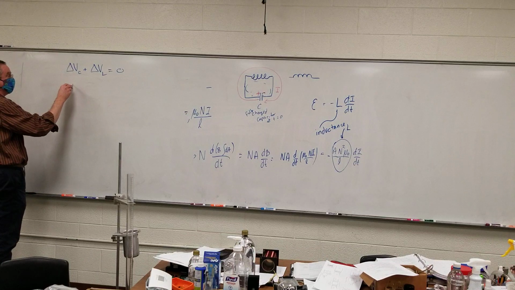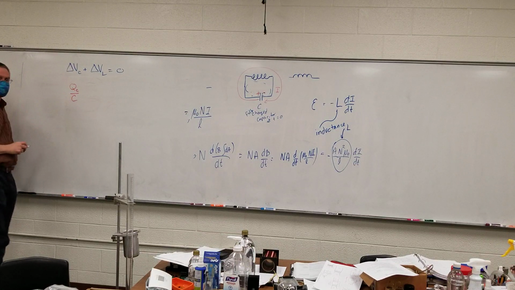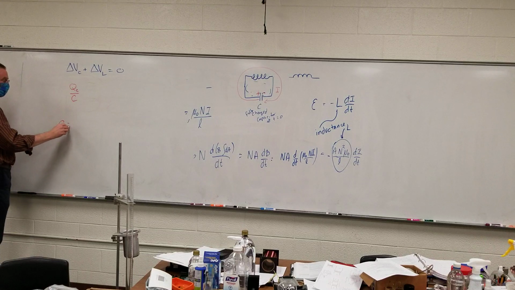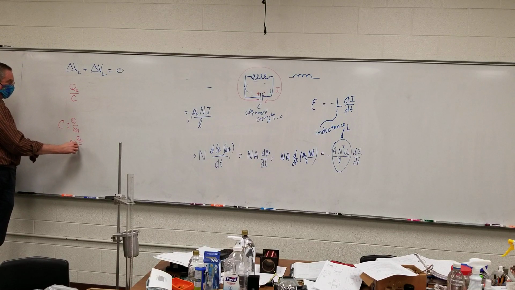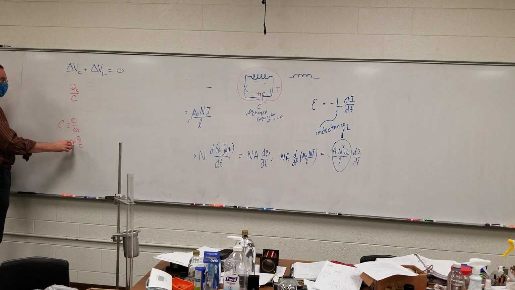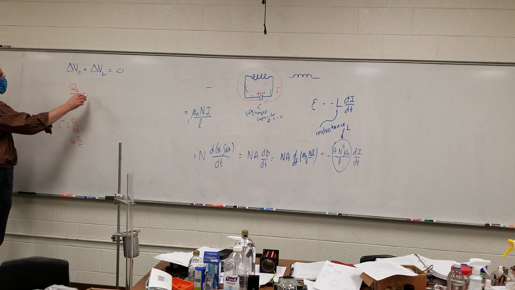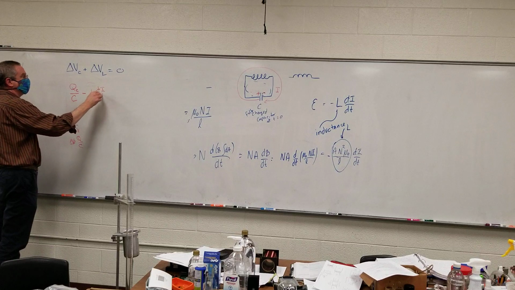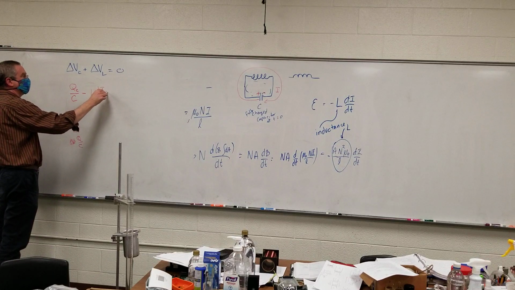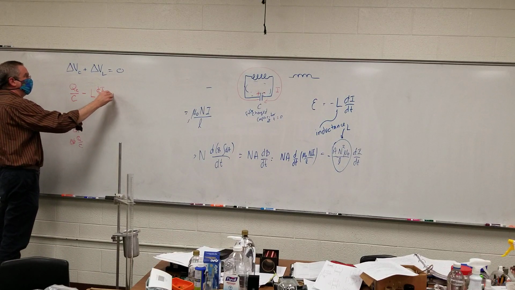So this is going to be whatever the charge on the capacitor is divided by the capacitance, because capacitance is charge divided by voltage, and therefore voltage would be charge over capacitance. Minus L di dt, and this is the current flowing through the inductor. It's equal to 0.